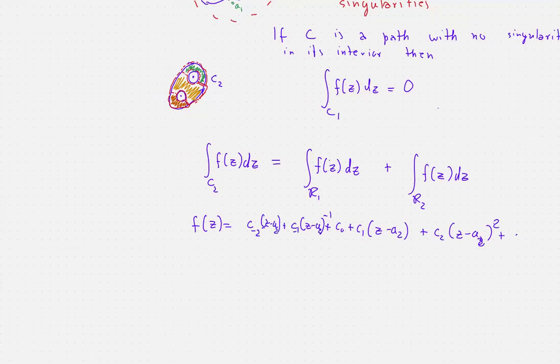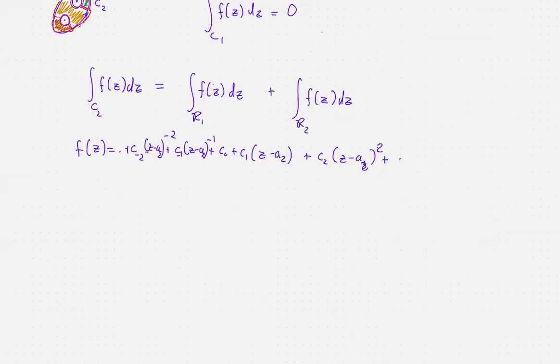And it turns out that if you look at these terms and you think that you could write the integral as the infinite sum of these components being integrated, then each of these components has an antiderivative. The only component that doesn't have an antiderivative is actually this one.